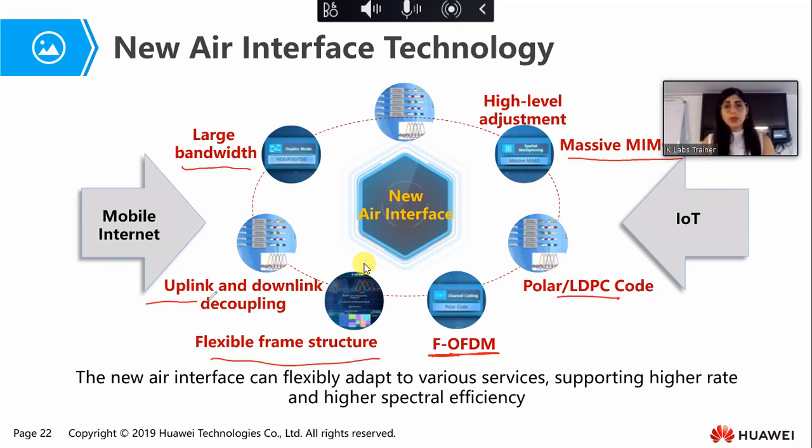So we are going to describe all of these technologies, and we are going to see why they are useful to increase the user experience, to increase the bandwidth, to reduce the latency, and to increase the spectral efficiency. Also, it is not written here, but we also have higher order modulation that can still increase the spectral efficiency. So we are going to see all of this technology that we have in our air interface.